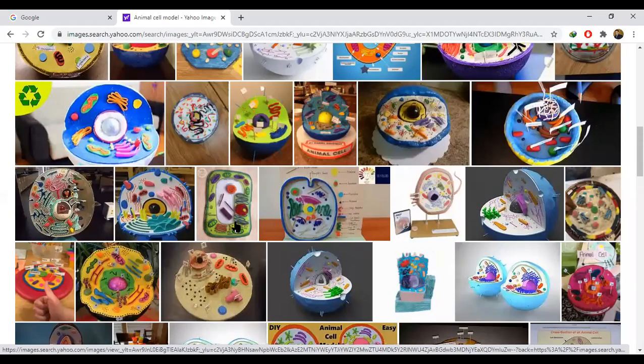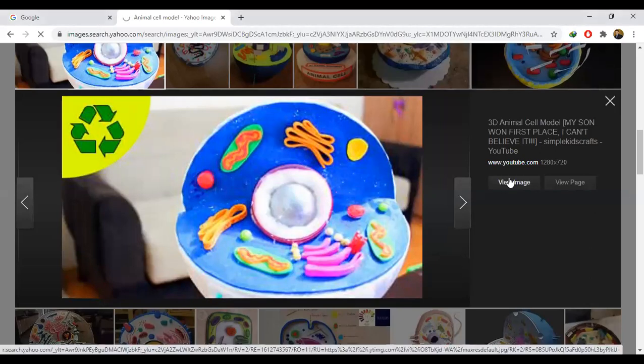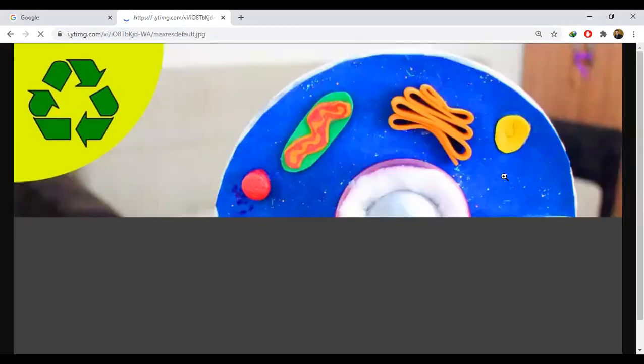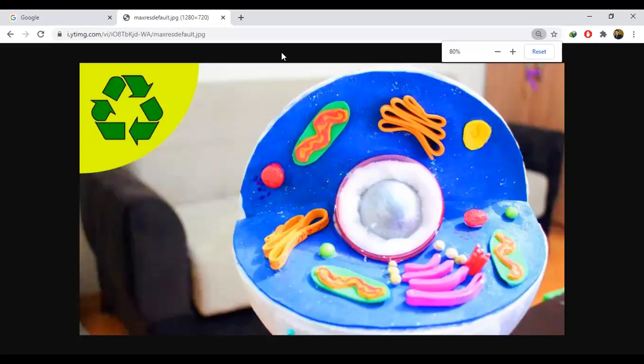Should not be too much. Okay, I like this. Right. In this picture, although all the components are not there, the picture is clear. And that is very, very important.